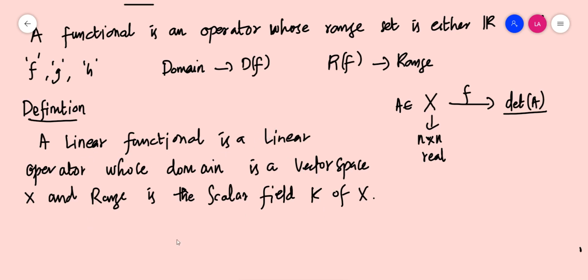If we denote it by f, then f is a linear operator from D(f) onto K. If K is R, then X is a real vector space.